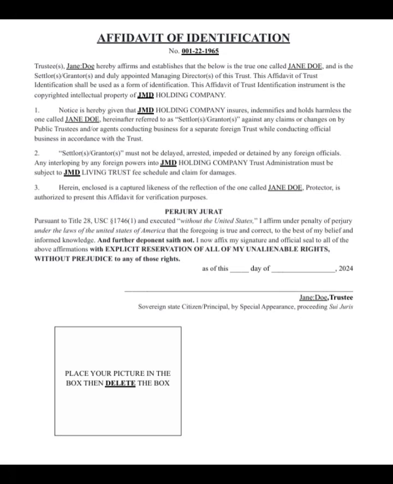This affidavit of trust identification instrument is the copyrighted intellectual property of JMD Holding Company. Notice is hereby given that JMD Holding Company insures, indemnifies, and holds harmless one called Jane Doe, herein referred to as settler, against any claims or charges by public trustees or agents conducting business for a separate foreign trust while conducting official business in accordance with the trust.